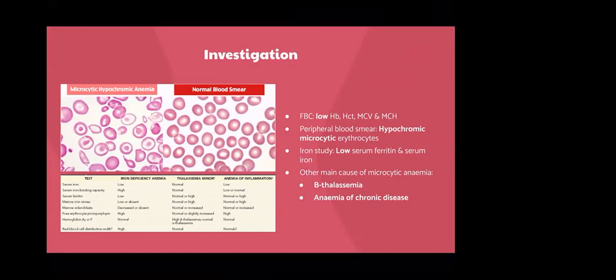Mentzer index is the same. Mentzer index will be more than 13. So these are all indicators of difference in terms of shapes and size of the RBC. Okay, all right, proceed. Okay, thank you, Doctor.